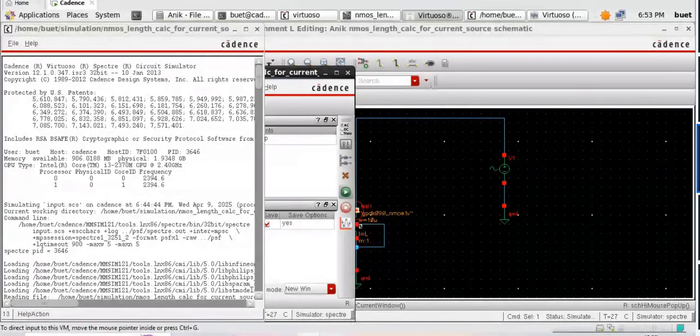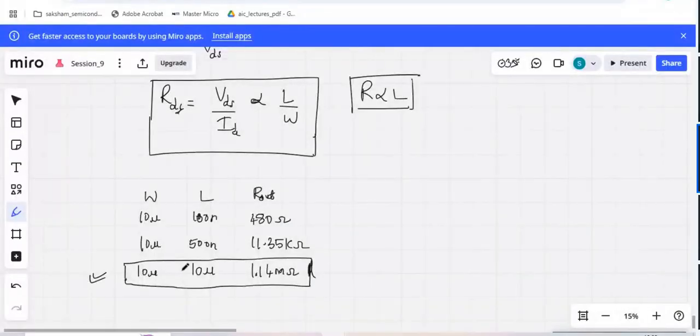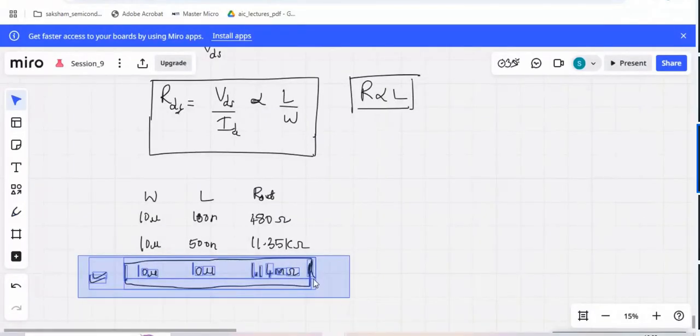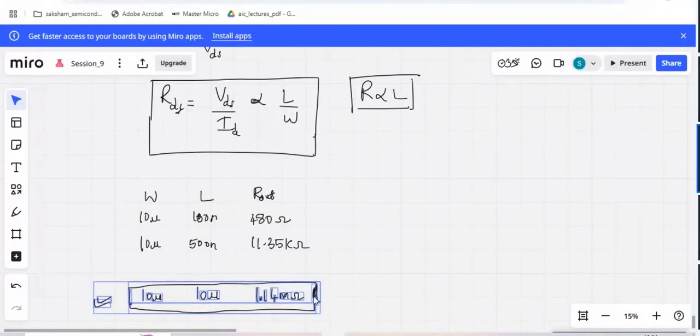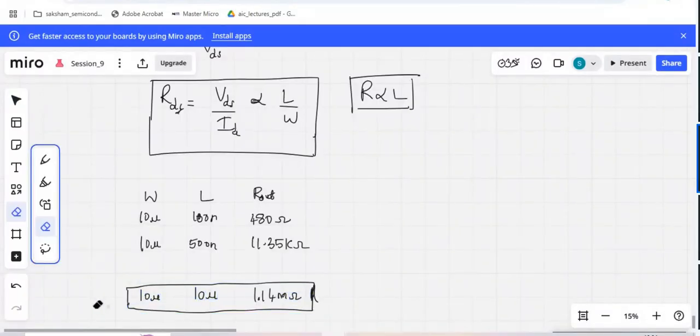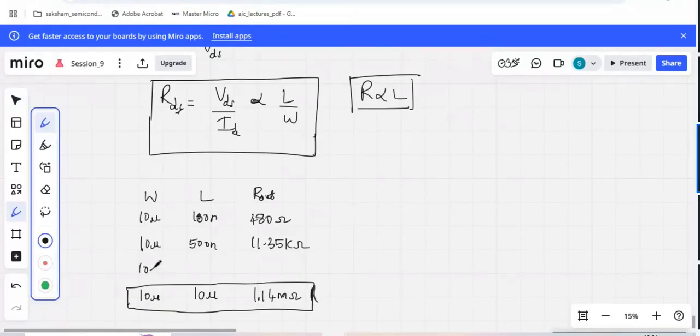I'll keep 10 micro here, and I'll also go for 1 micro, because 10 micro is a greater number. So the 10 micro width is fixed, and now here I am fixing it as 1 micro.